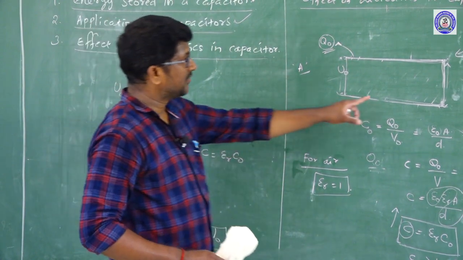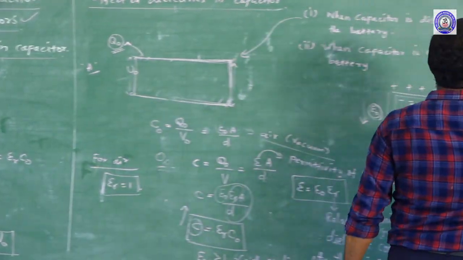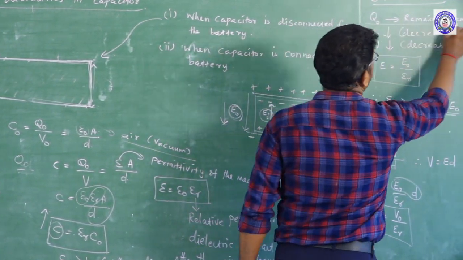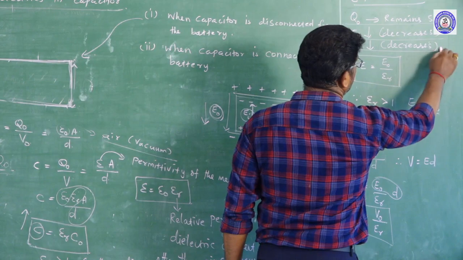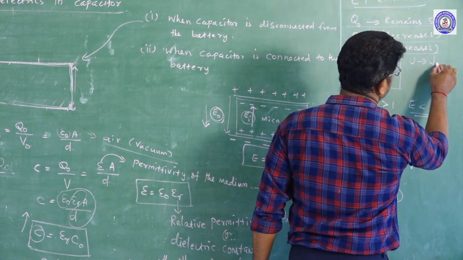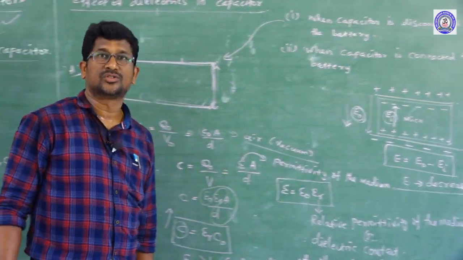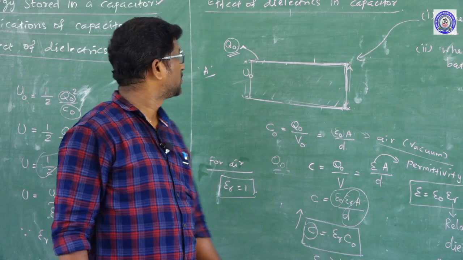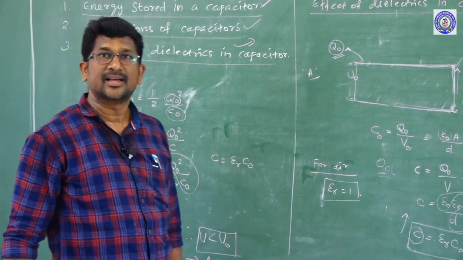So, for a capacitor without a battery, when the dielectric material is introduced, capacitance value increases, charge remains the same, electric field between the plates decreases, potential difference between the plates decreases, and the electrostatic potential energy in the capacitor also decreases, right. So, this is the effect of a dielectric in the capacitor.